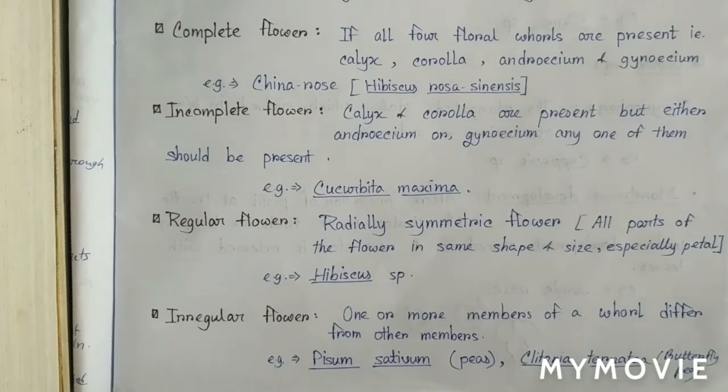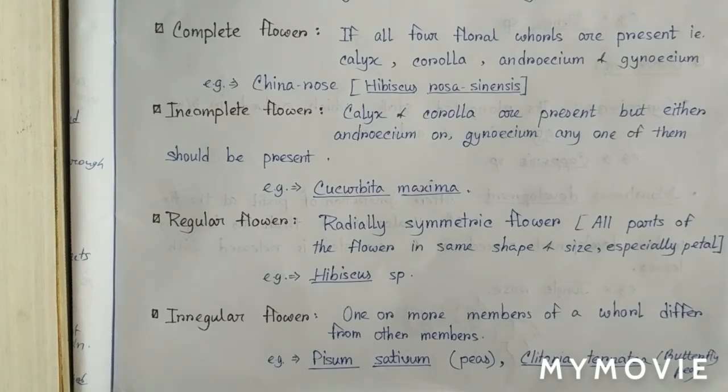We can better understand it through butterfly pea, which is commonly known as Aprajita. It's a very common flower which we find outside our house. So take the flowers and understand it through the definition. Why is it called irregular flower? Why is it called regular flower? When we get a hibiscus flower, we find all the petals are red and they are all the same shape and size.